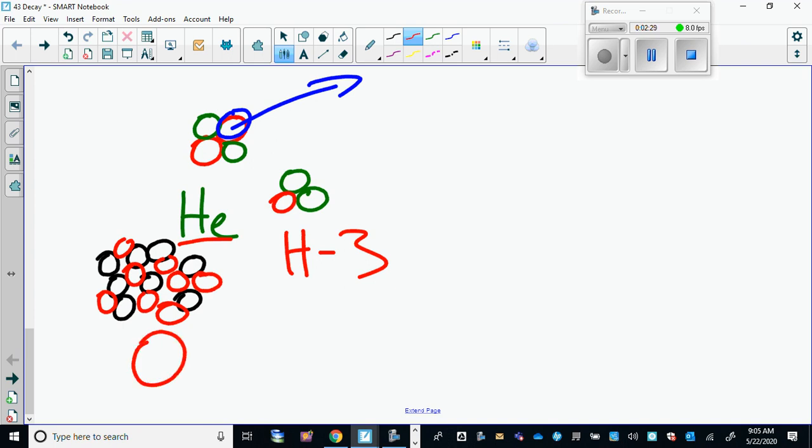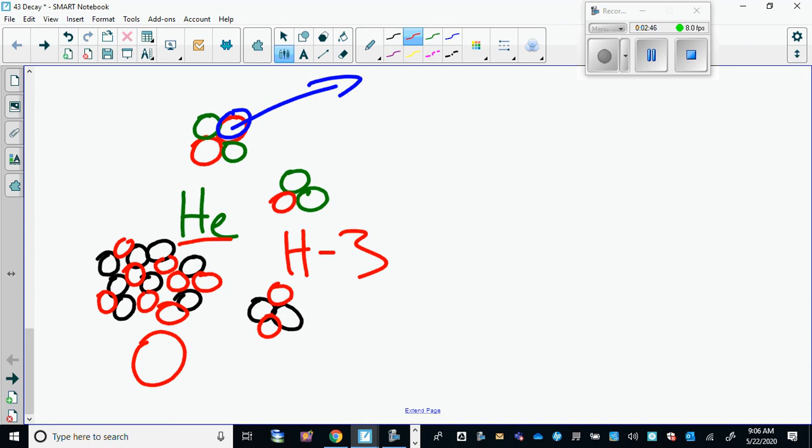Now let's say that oxygen atom ejects an alpha particle from its nucleus. What is an alpha particle? Well, an alpha particle is a helium nucleus, 2 protons, 2 neutrons.